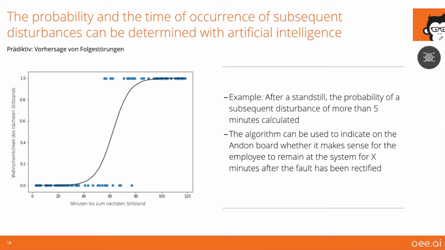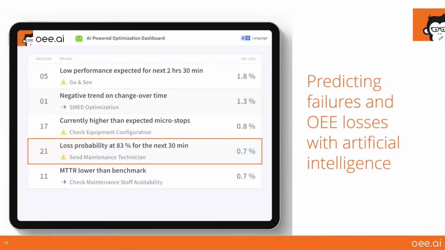So it knows the probability of a technical breakdown, for example, 1 hour after your changeover or 15 minutes after the changeover. What you can do is show, for example, the loss probability for the next 30 minutes. Then you know that you should better send a technician to that line, because there is a high probability that the machine will have a breakdown.